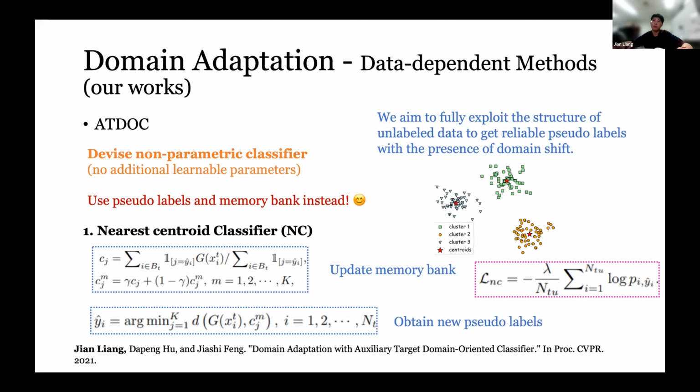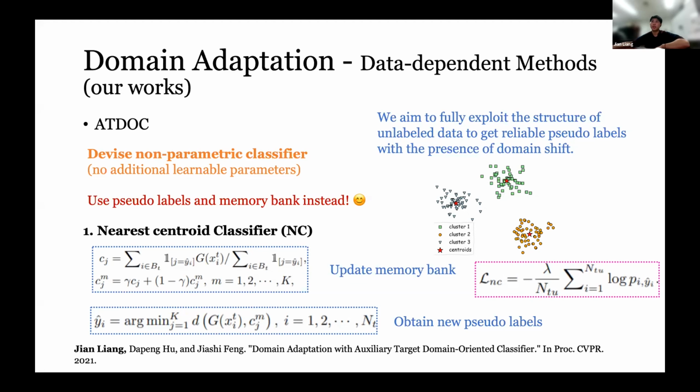In the memory bank, we store the class centroids of different classes in the target domain. We can obtain the centroid like this equation here. Then once we have the centroids, we can easily resort to the nearest centroid classifier to obtain the pseudo labels of the unlabeled data.